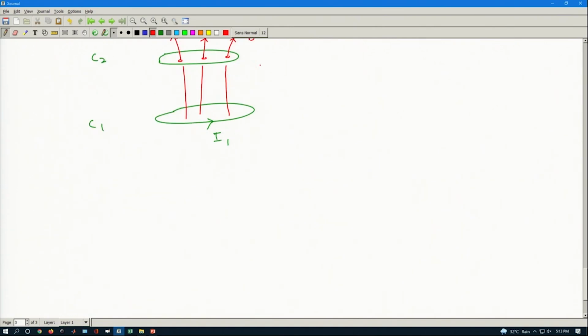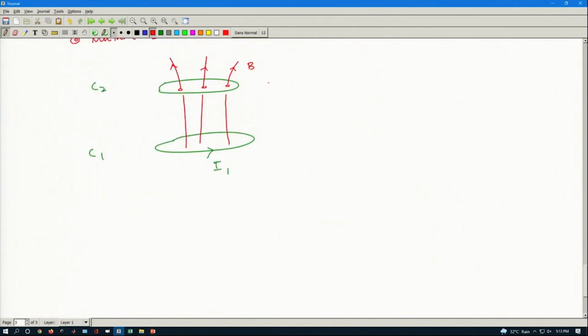So, phi 2 is a flux. If I now define the amount of flux here as phi 2, this is the flux through loop C2 due to the current I1 in loop C1.